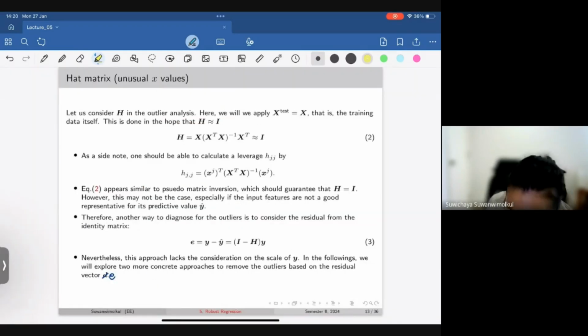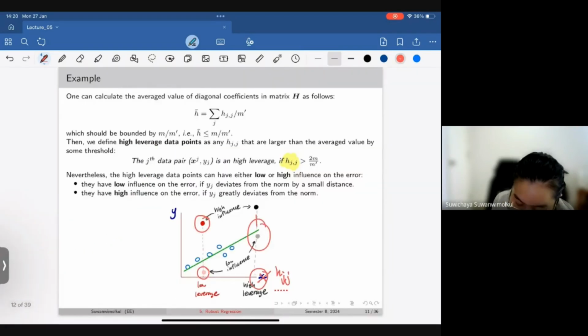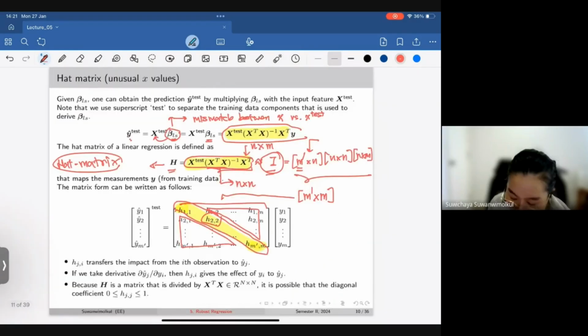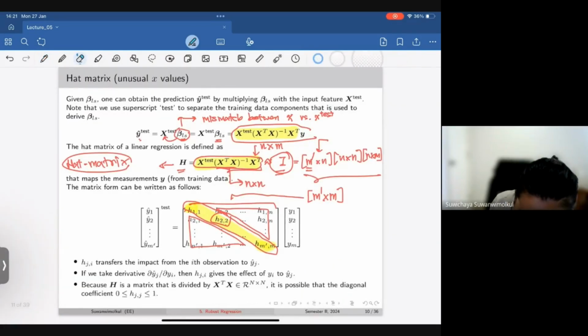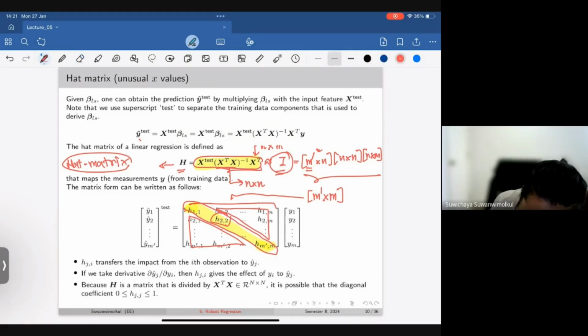Let's go back to the H matrix that is computed this way. Another thing that I haven't said is that so far, we talked about using the hat matrix with X as testing samples, but we can apply it to the training as well.